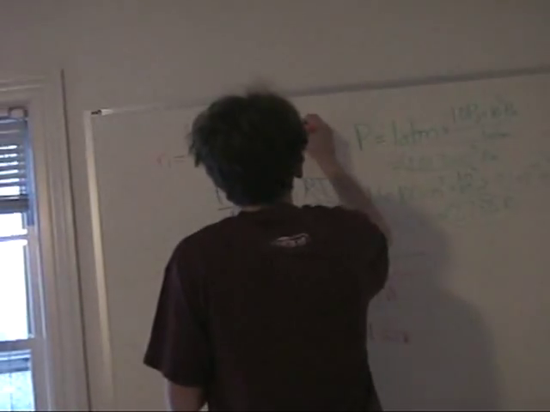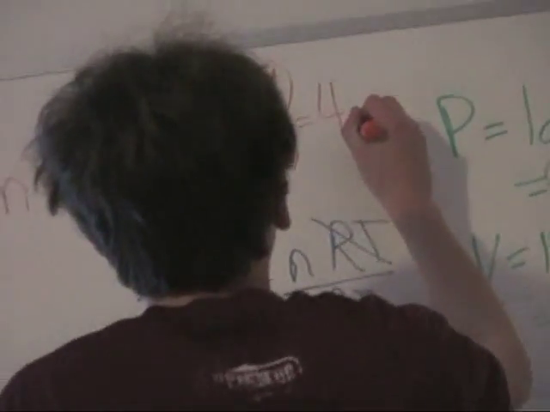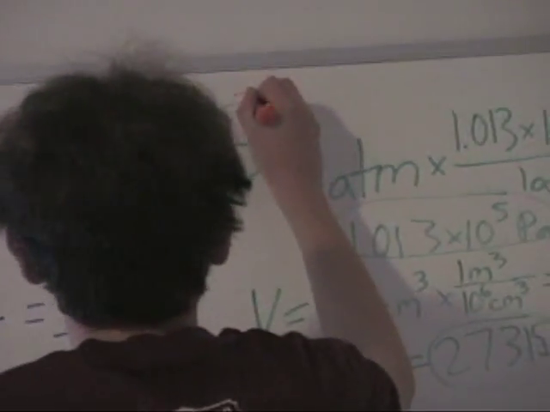You will get 4.46 times 10 to the negative 3rd moles.